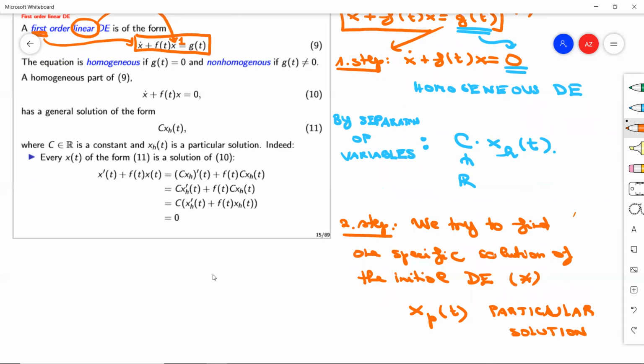And how to find one specific solution? There are two ways. One is just by guessing. We can guess one solution. For example, we think maybe the solution is a constant. We plug in a constant, compute, and we get that the constant is really a solution.